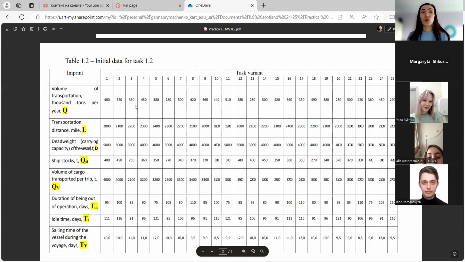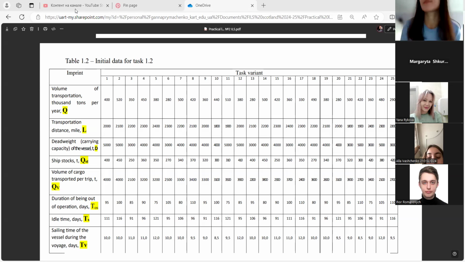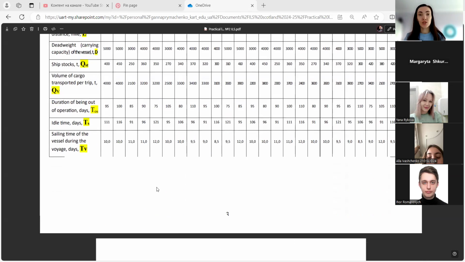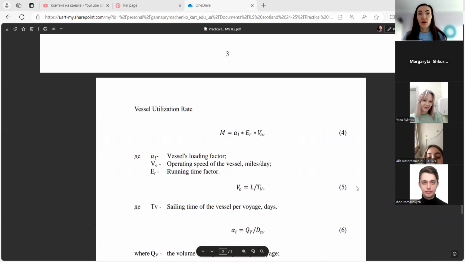So we look for your variant. Excuse me, we find such parameter as L for your variant and our other parameters in formula 5.